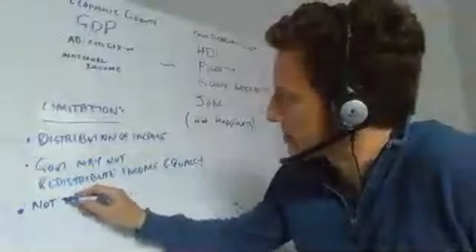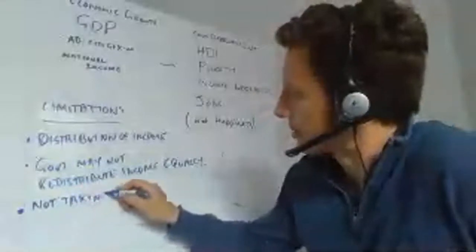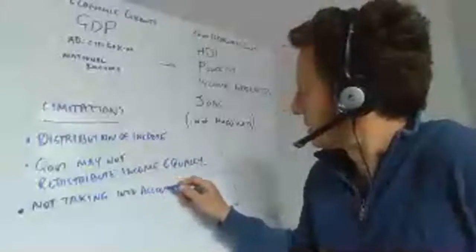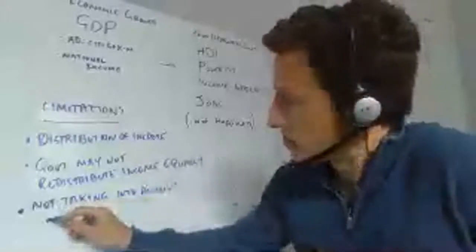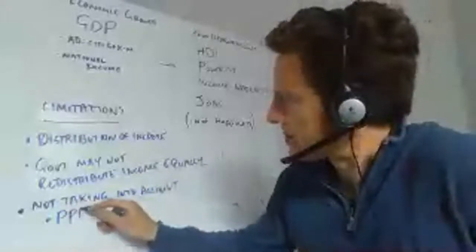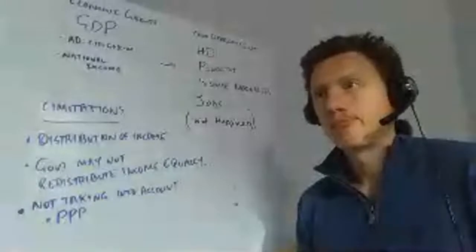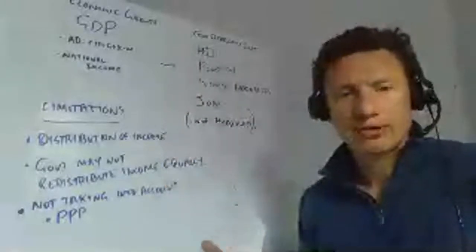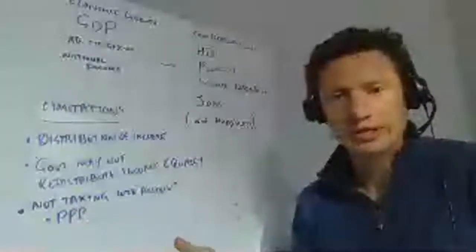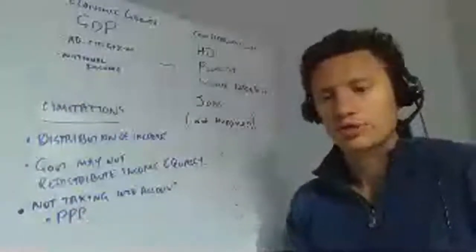Another thing is that it's not taking into account a lot of things. It's not taking into account PPP, purchasing power parity. So actually this increase in GDP might not necessarily increase HDI or reduce poverty if our cost of living in the country is very high compared to other countries.